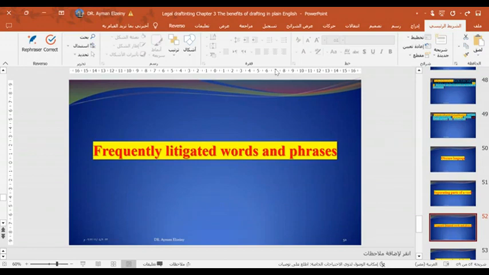Traditional legal drafters tend to assume that well-litigated words and phrases should be retained in the belief that documents benefit from such judicial criticism of meaning.